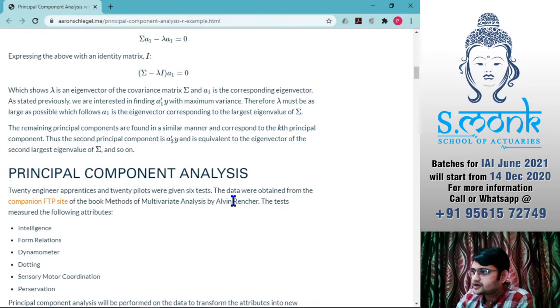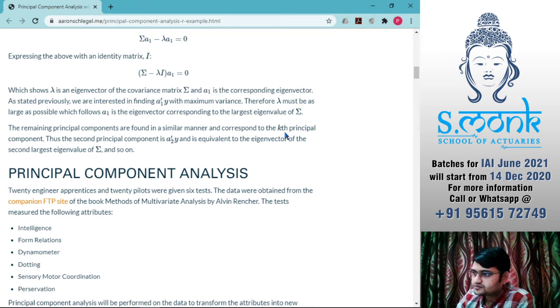Anyways, it does not matter, it's just a term that we'll not be using a lot. Lambda is an eigenvalue where a is nothing but our corresponding eigenvector of the covariance.